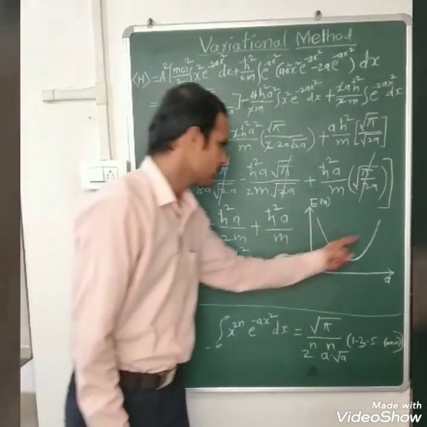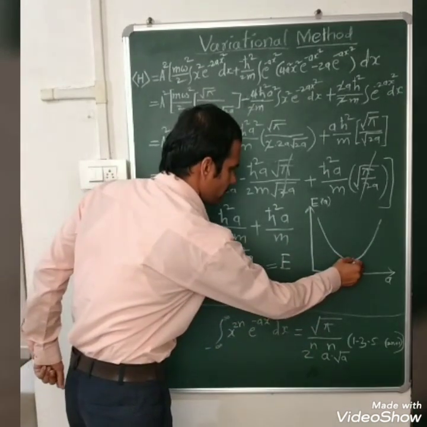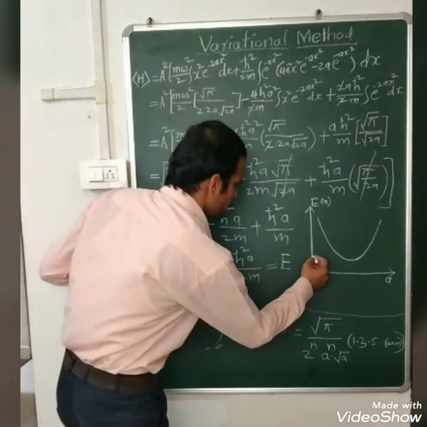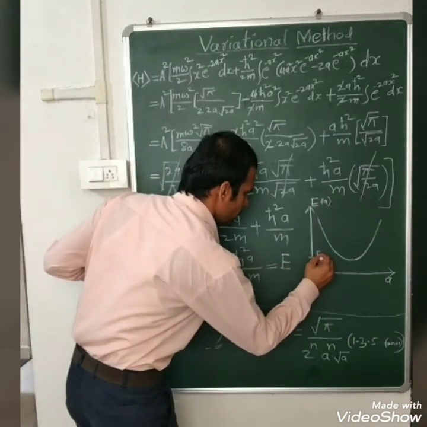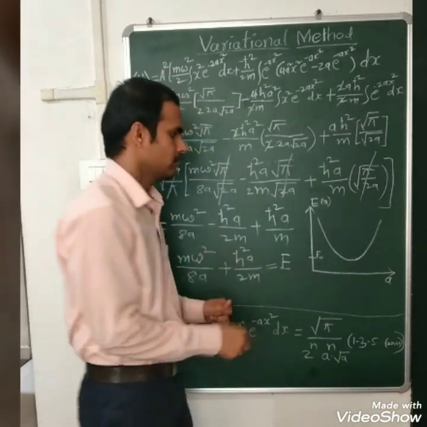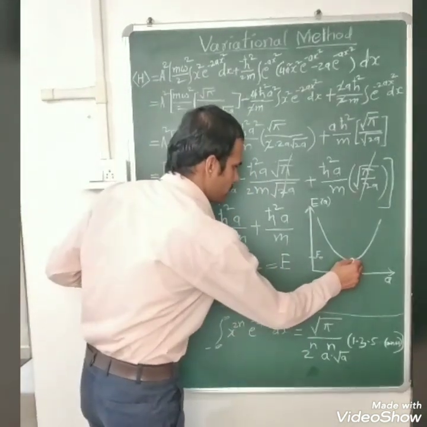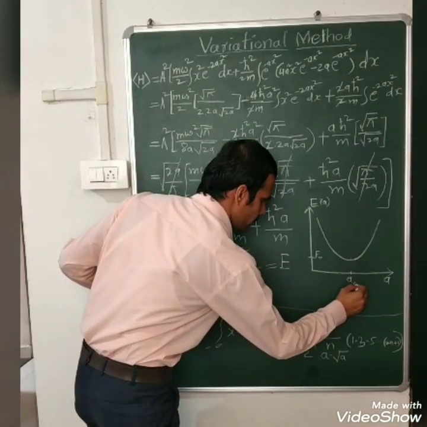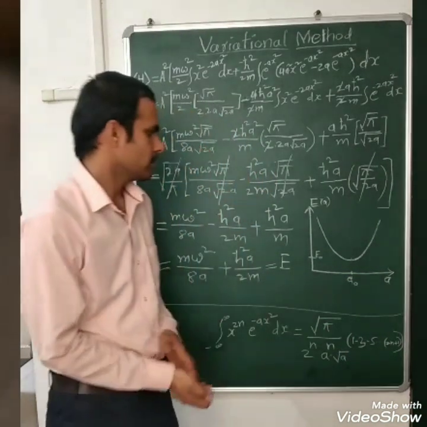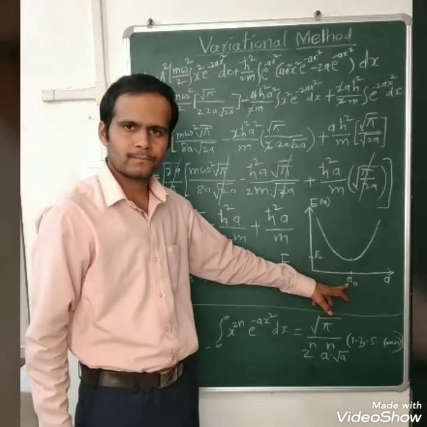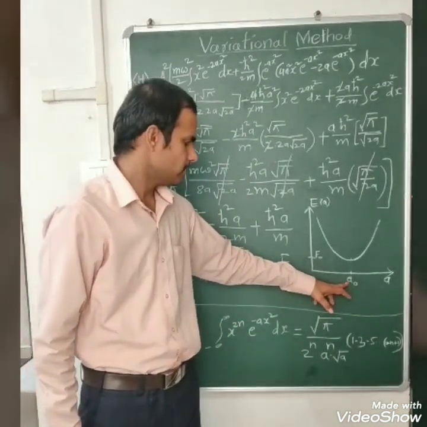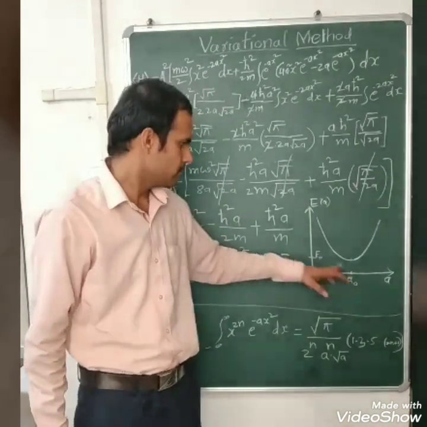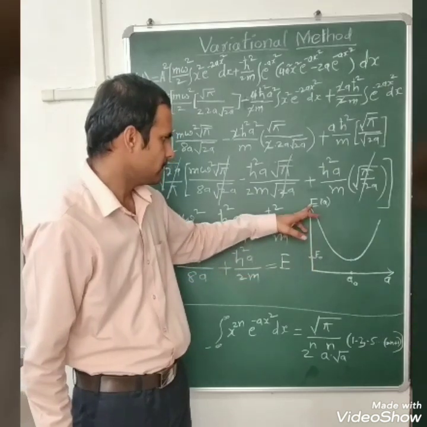In this curve the minimum value of E, if we call it E0, corresponds to a certain value of A, which we call A0.